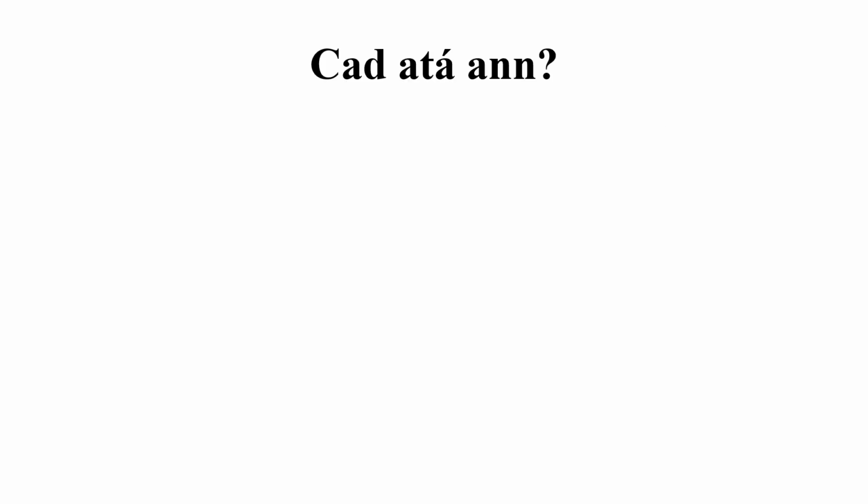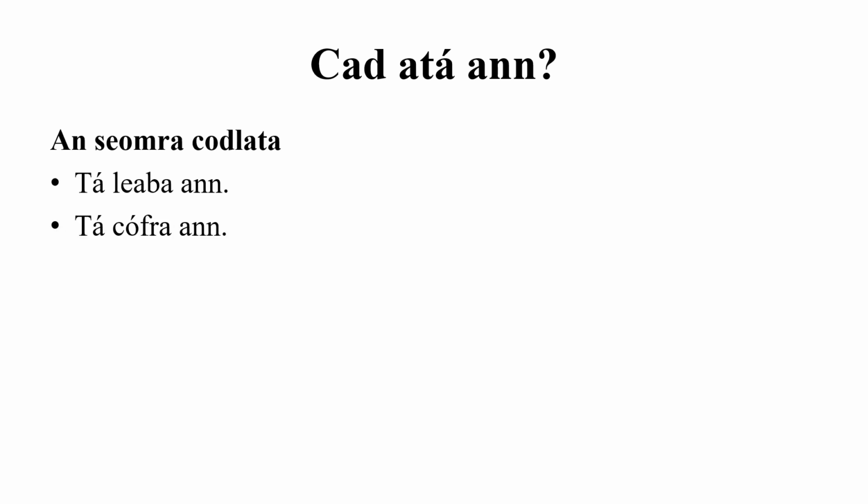Cad atá ann, what's there? An seomra codlata, the bedroom. So cad atá ann, what's in the bedroom? Tá labba ann, tá cófra ann, níl cúisneoir ann. So there's a bed, there's a cupboard or a closet. There isn't a fridge.